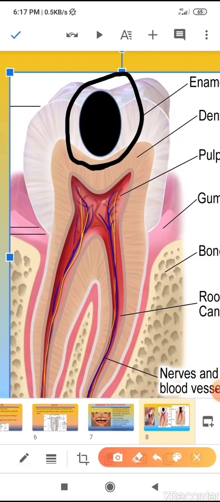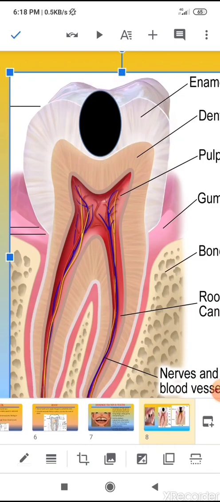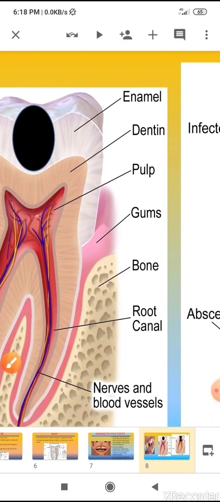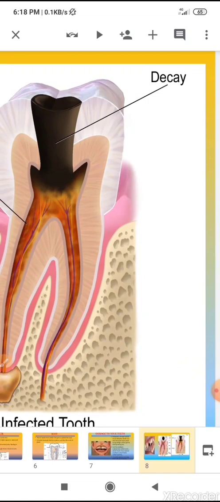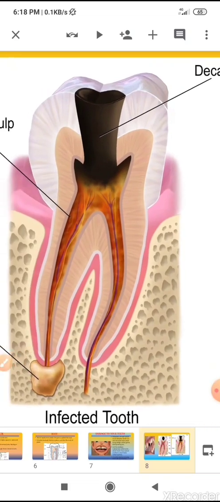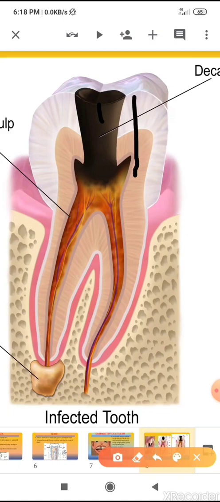But when this cavity reaches the layer of pulp, you will see here this cavity has reached the pulp area where blood vessels and nerves are found.